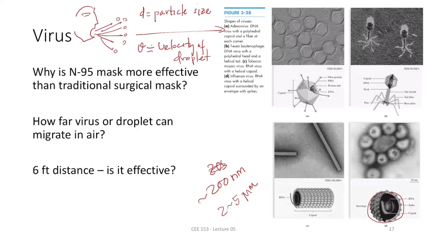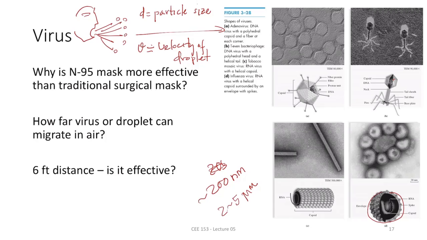You'll learn that in a later class, air quality transmission, like week 9 or 7 or 8, I forgot. Think of things moving because there is inertia. There is a force behind it, and that force is applied when you cough. It's like pressurizing them and releasing them, and that velocity, unless something stops it, is going to make it migrate a long distance before the air resistance itself slows it down.